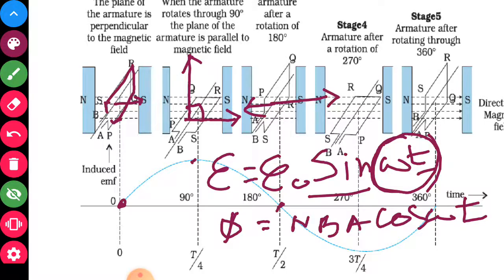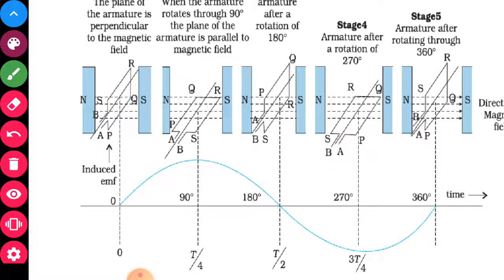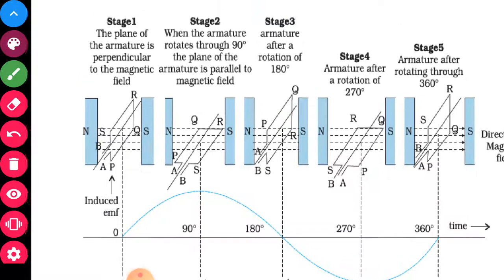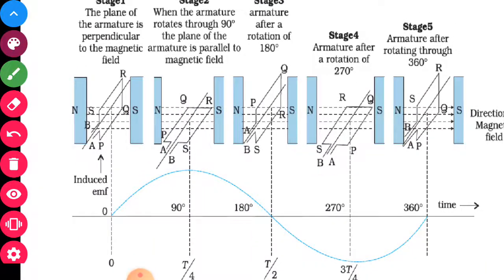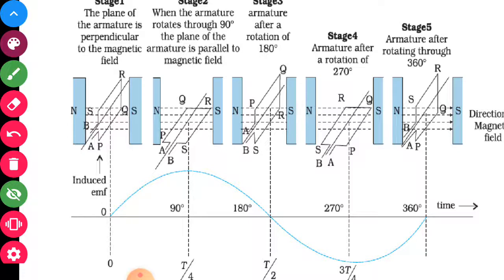Then at 270 degree, you can understand from this figure that the area vector is in this direction and the magnetic field is in this direction, 270 degree is the angle, so E becomes negative, the maximum negative value.